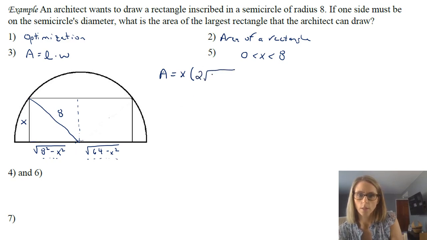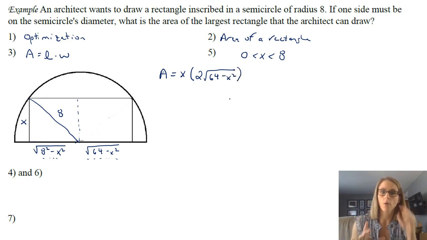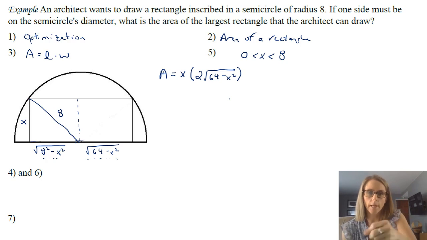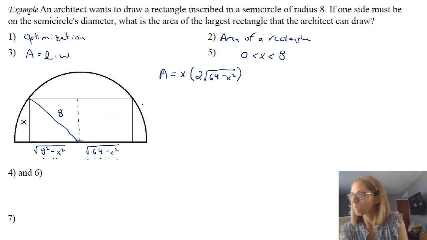They're like terms. 64 minus x squared. So that's the area of that rectangle, and we're trying to maximize it. We're trying to find the largest area. The constraints are the fact that since the radius is 8, it constrains that bottom distance. That's why it can't be any bigger than 8 for x.